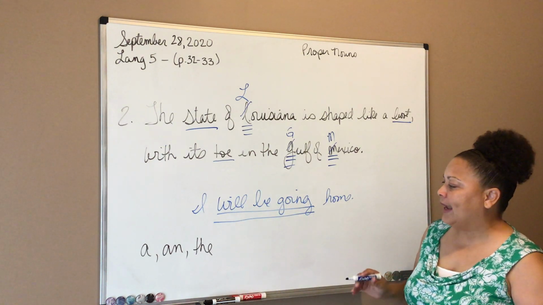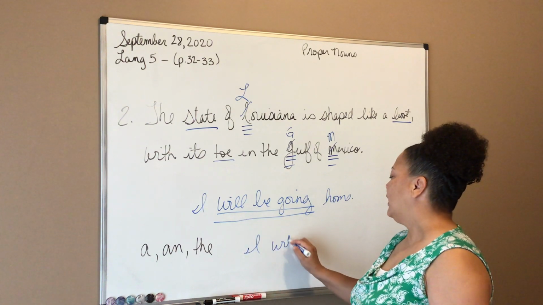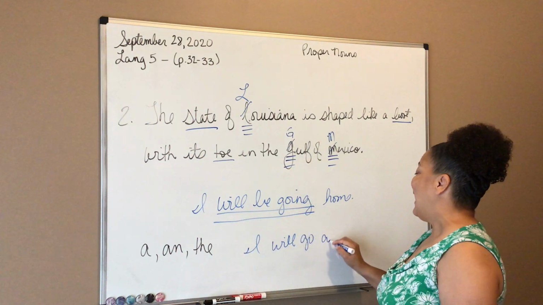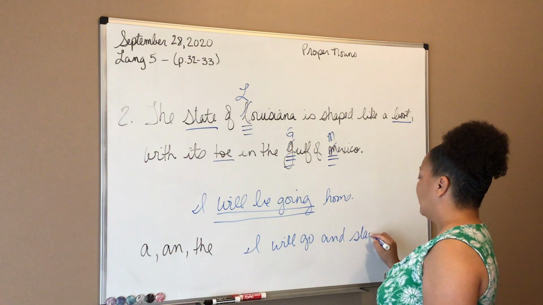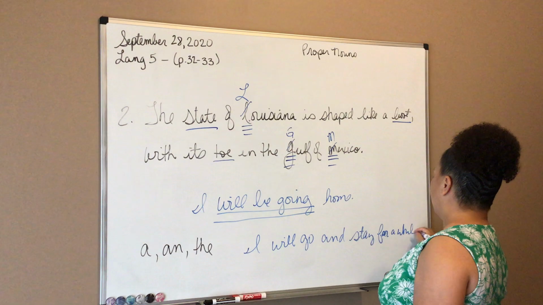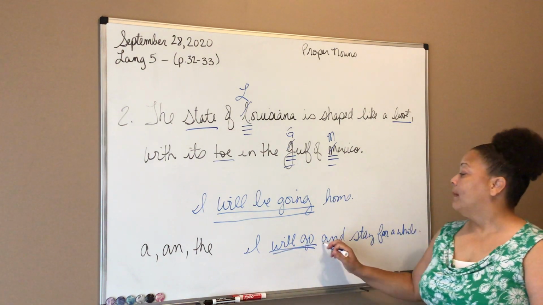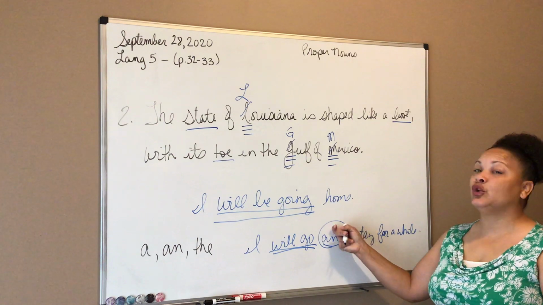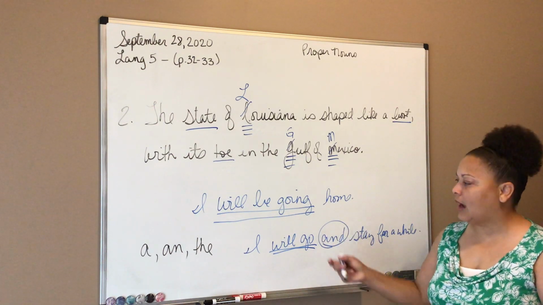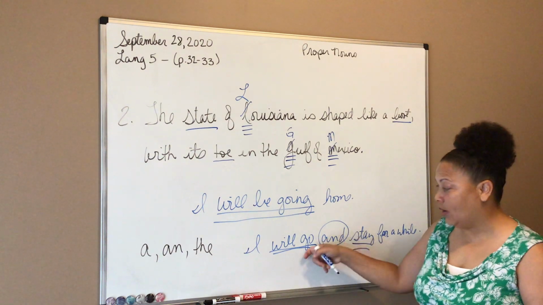Okay, on the other hand, if I say I will go and stay for a while. So here, I have will go. My conjunction tells me I'm doing more than one thing. I will go and stay, okay? So I'm going and I'm staying.